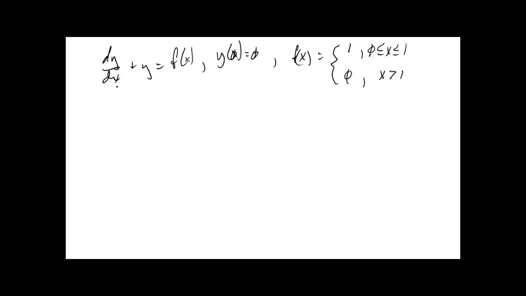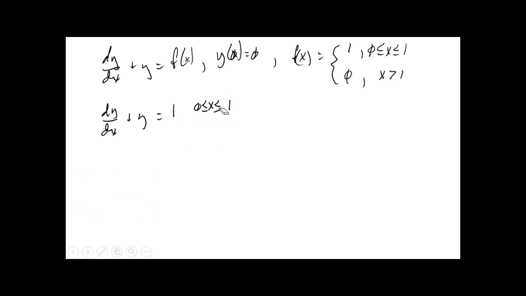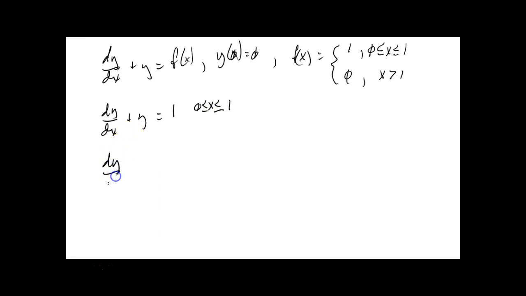So this basically turns out being 2 differential equations. The first one is dy/dx plus y is equal to 1, and that's any time x is between 0 and 1. Should be an equal sign there. The other differential equation is dy/dx plus y is equal to 0, and that's anytime x is greater than 1. So we really have 2 differential equations here.